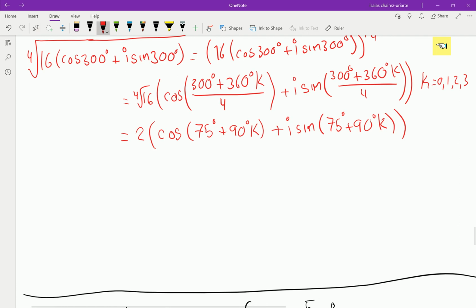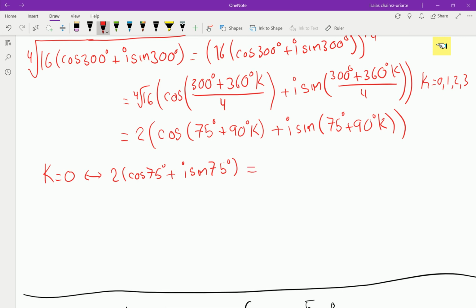So for instance, if k is equal to 0, I have 2 times cosine 75 plus i sine 75. That's the polar root. But now if I change this to rectangular form, I'm going to use my calculator because I need to figure out what cosine of 75 is.